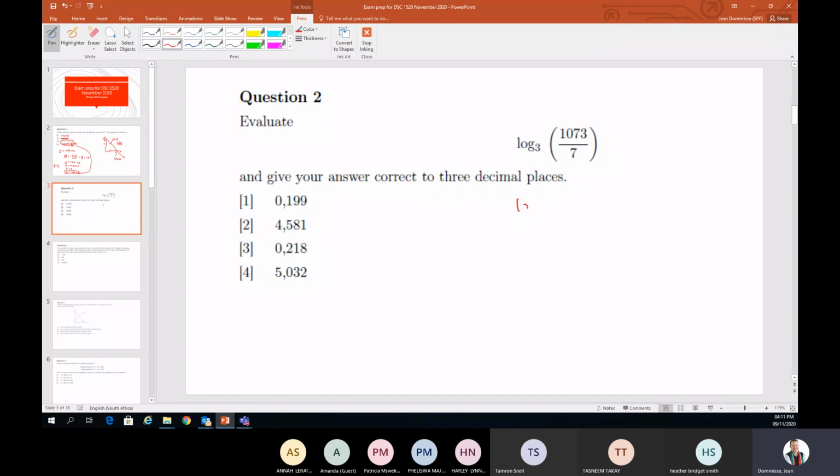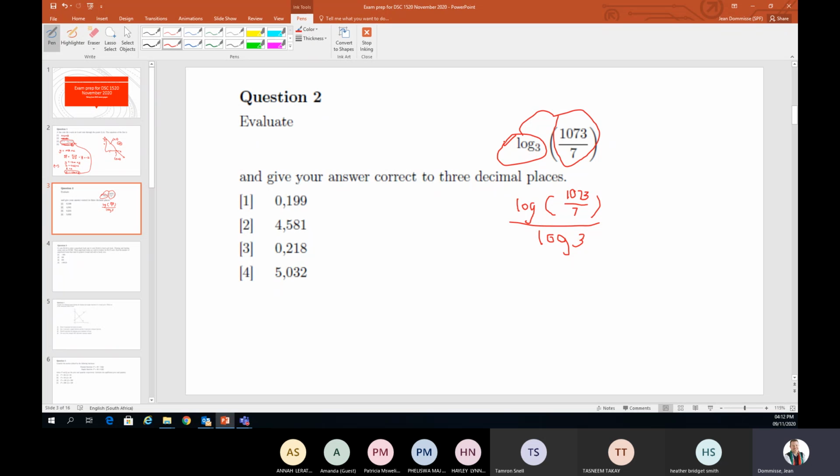The log rules are, and that for me is how I will work it out on the calculator, it's basically log of this thing divided by log of 3. That is how the log rule looks.